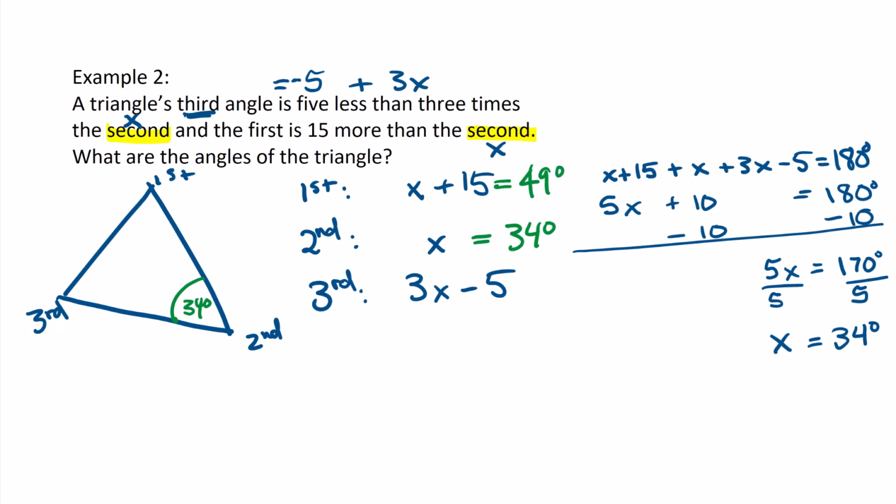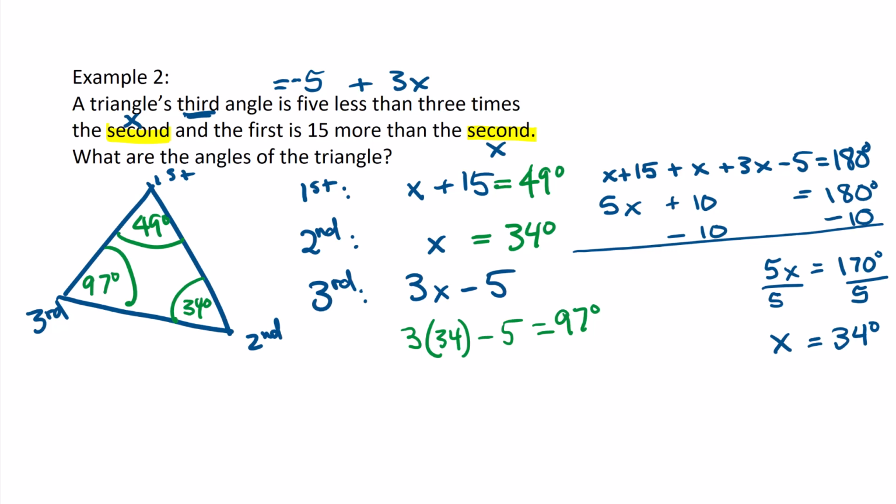So that's my first angle, so this is 49 degrees. And now my last angle, the third angle, is 3 times 34 minus 5, which should come out to 97 degrees. Now clearly this is not a sketch to scale, but it does allow me to organize my thoughts.